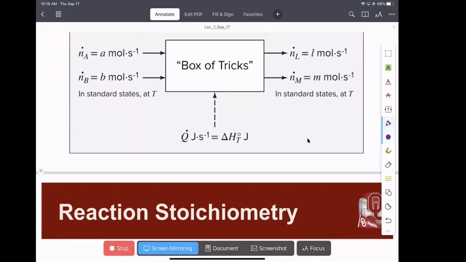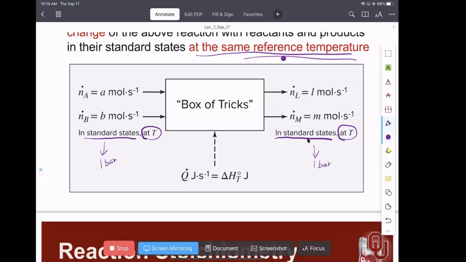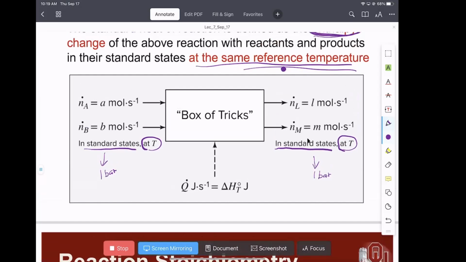Here, pay some attention to the note over there. We always have some standard states, but we also need to add the temperature of that standard state. So standard state basically implies this is 1 bar, but we need to add the temperature information by ourselves. This is the third piece of information.